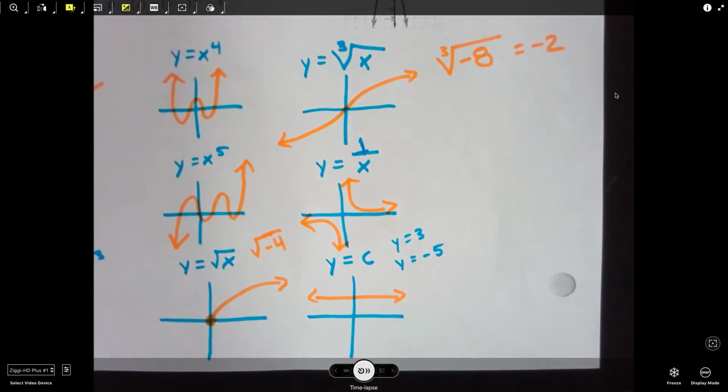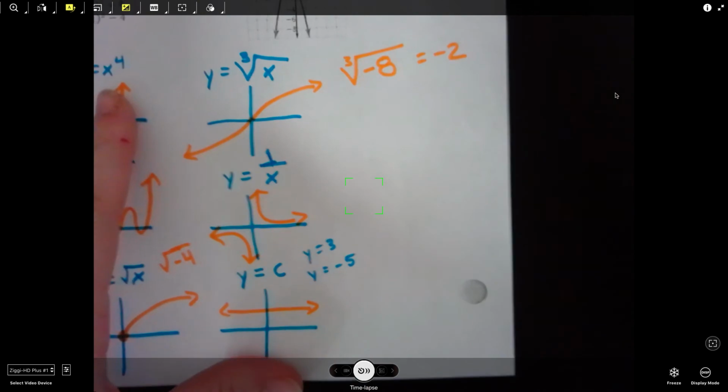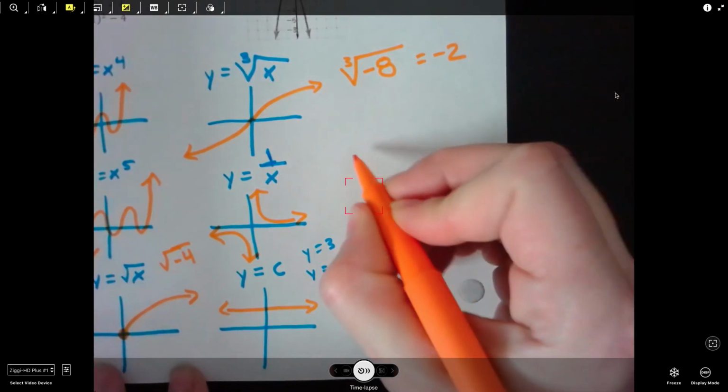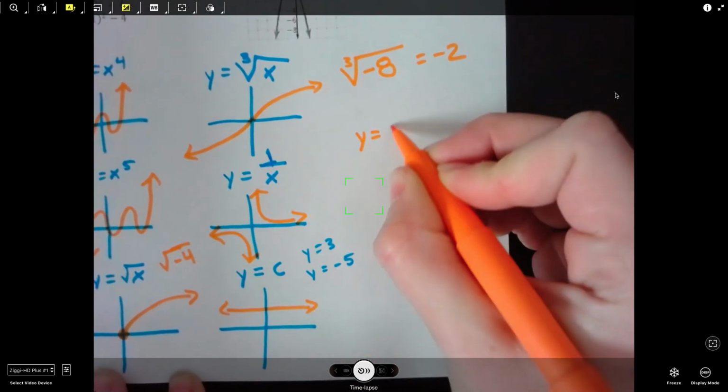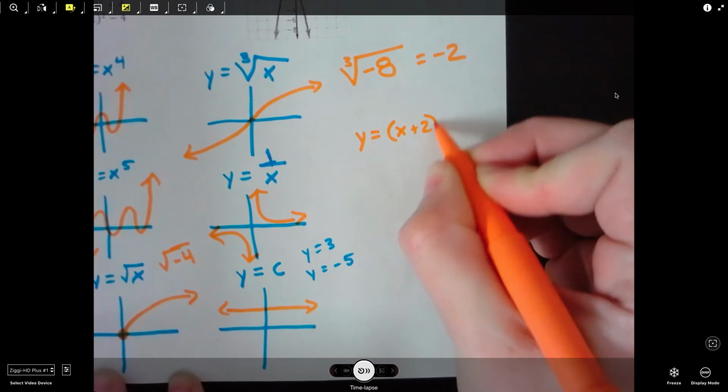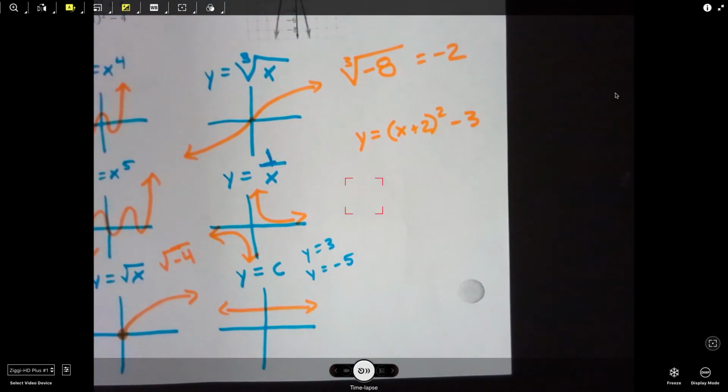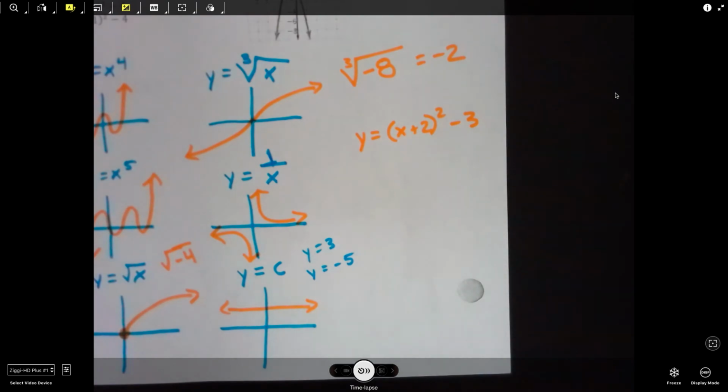The reason why we're learning these transformations, and a transformation means moving stuff around, is, for example, let's say I have y equals (x plus 2) squared minus 3, okay? If I strip away all of the numbers, the 2 and the -3, what type of function do I have? I have y equals x squared.